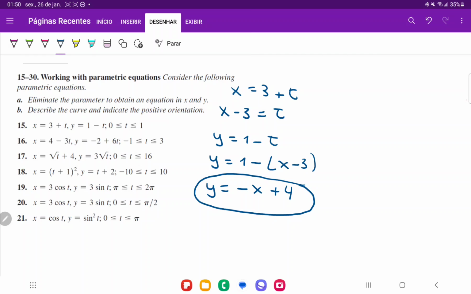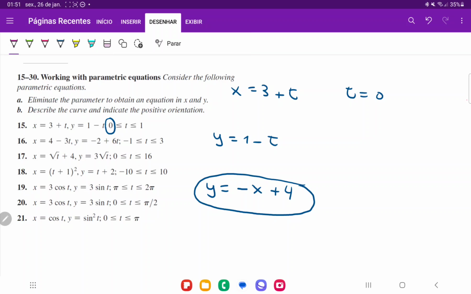So we can see that the first restriction of t is that t is greater than or equal to 0. So let's plug in 0 into the x and y equations just so that we can see where the starting point is. So if t is equal to 0, we're going to plug into the x equation and into the y equation. Let me just erase these intermediary ones. I'm just going to leave the x and y equations here.